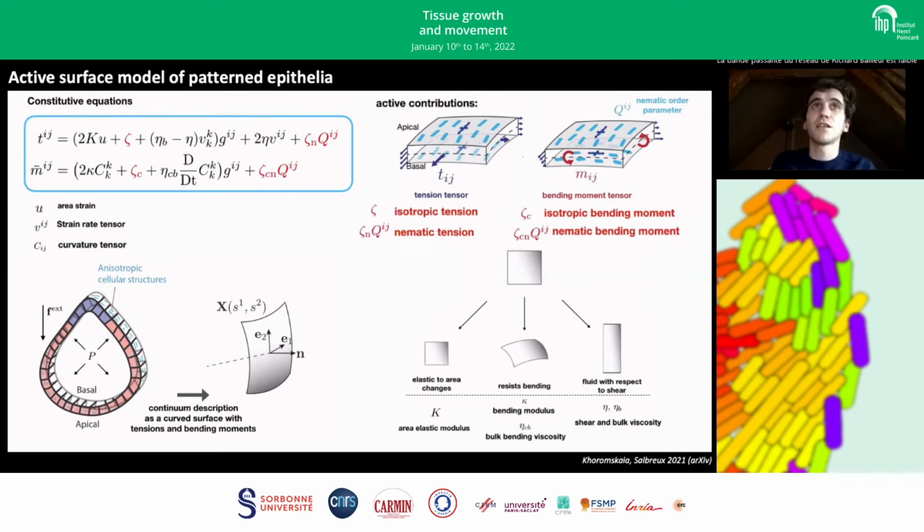So today, I will mainly focus on this parameter, zeta C, which is in the bending moment tensor. And so zeta C is the isotropic bending moment.